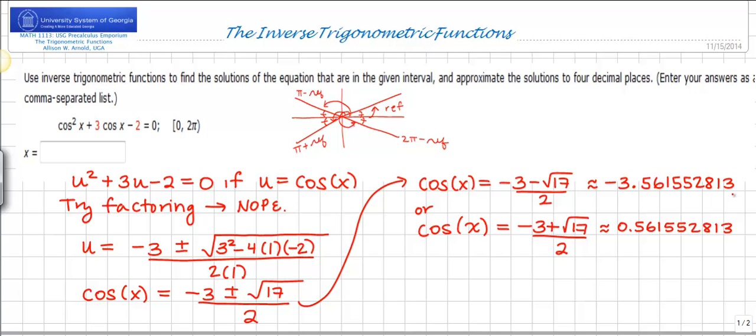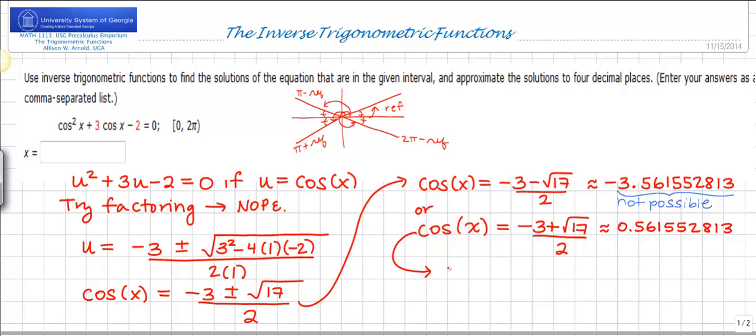And negative 3 plus root 17 over 2 is roughly 0.056, keeping all my decimal places for now. One thing I do notice is that cosine cannot be a number smaller than negative 1, so the first equation will not have any solutions. And the second equation will have solutions because cosine can be between negative 1 and positive 1.